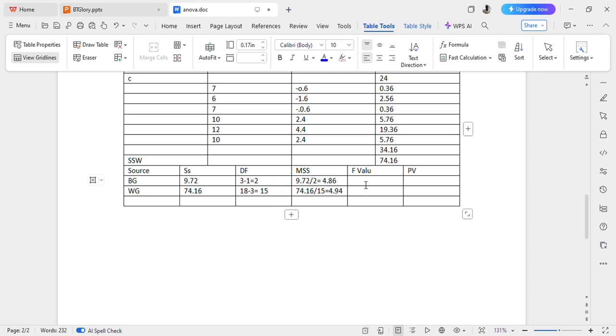Right, we get the F value. So F value equals mean between, 4.86, divided by 4.94.